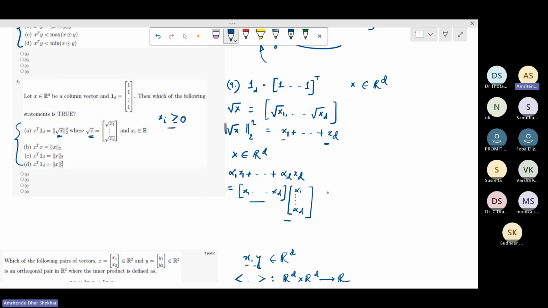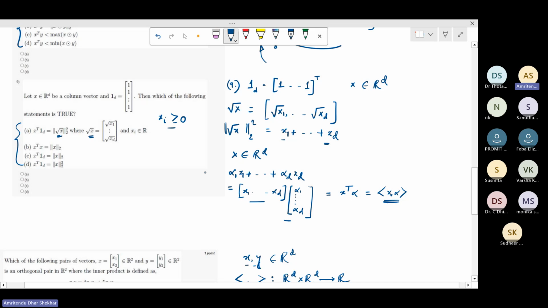Notice that if you assume the standard inner product on RD, by which I mean the inner product where you just take the sum of the products of the components, then this expression, which is equal to x transpose alpha, is equal to the inner product of x and alpha.